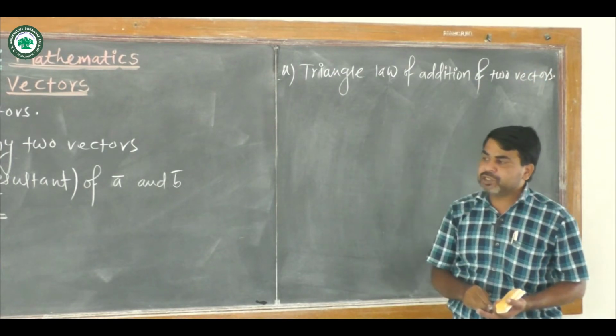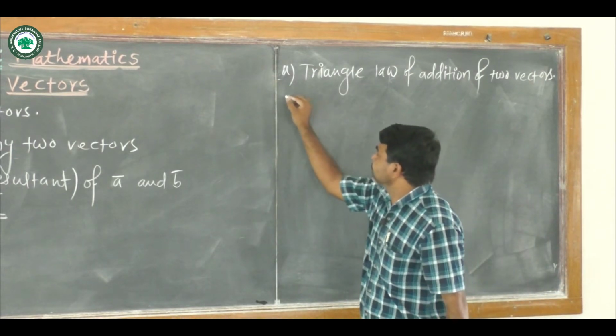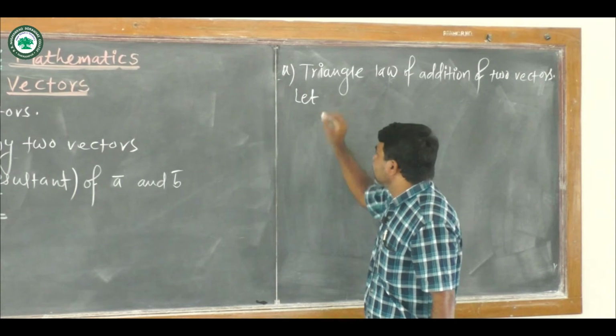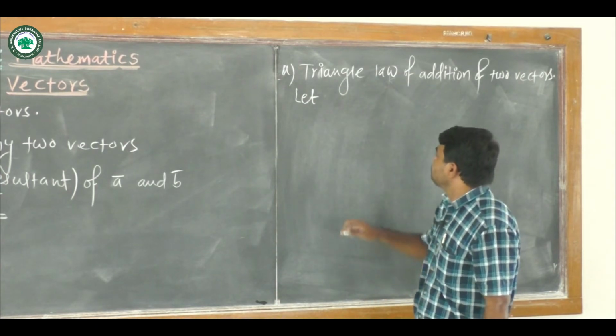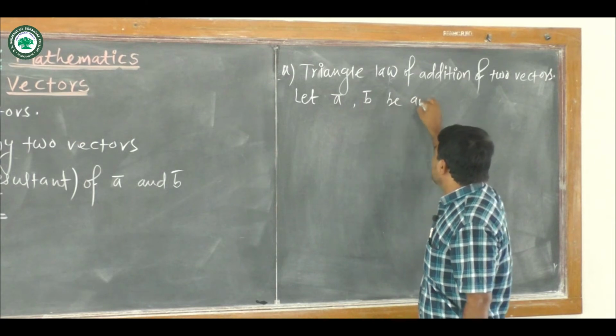Triangle law of addition of two vectors. Let A bar, B bar be any two vectors.